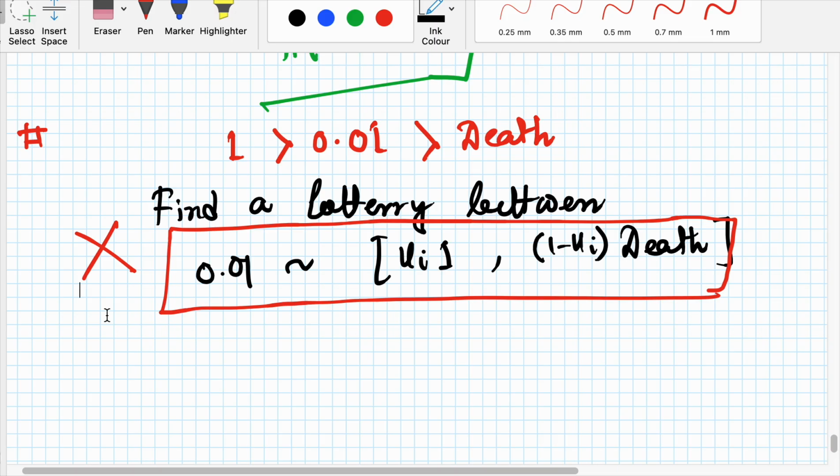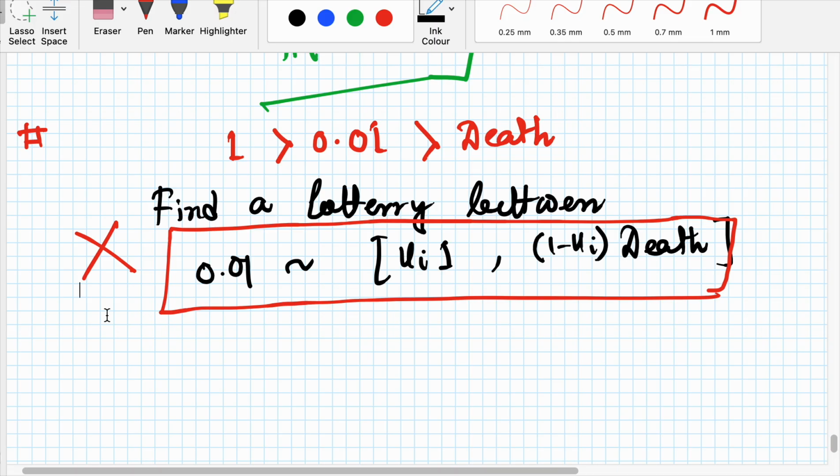So that means it apparently seems that this continuity principle does not hold. However, if you see, this is not quite true here, because death and 1 rupee are not on the same footing, so the comparison and the preference do not make sense here.